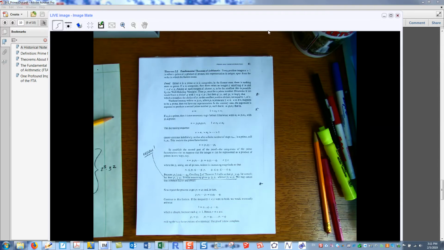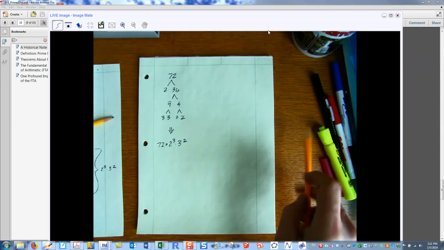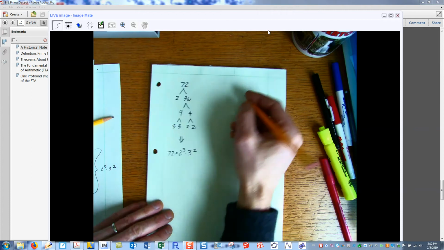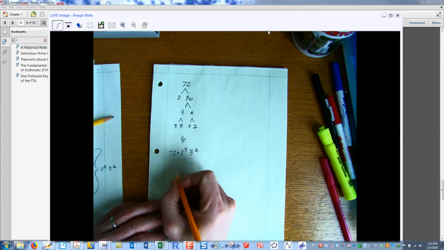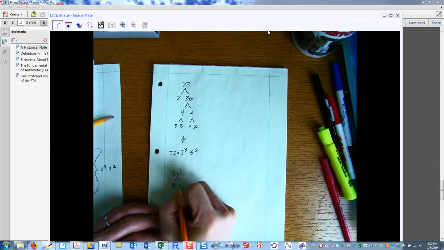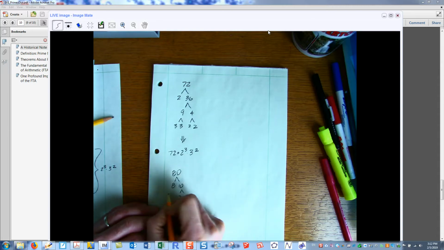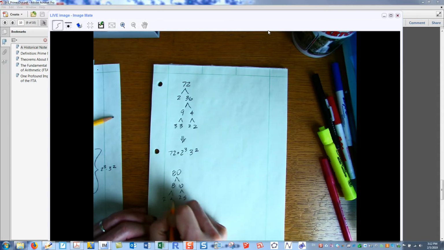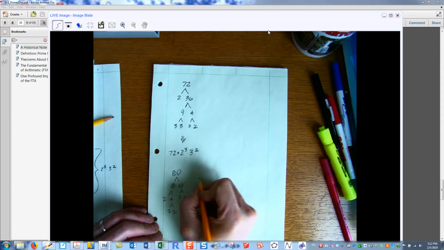Let me just make sure you understand what's meant here. For example, if I take the number, let's try 80. 8 times 10, 2 times 5, this is 2 times 4, and 2 times 2. So what does that mean?